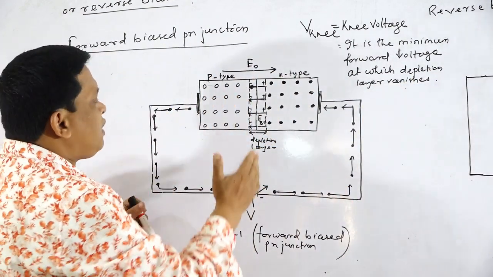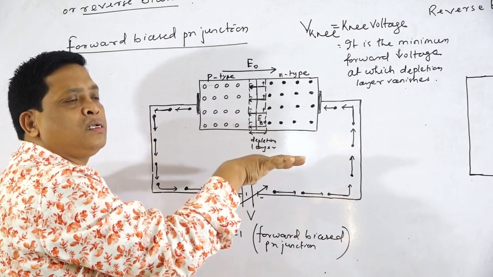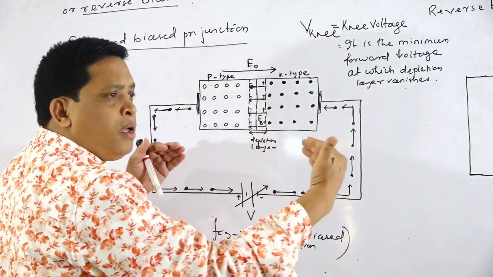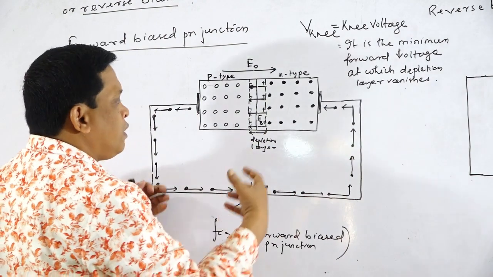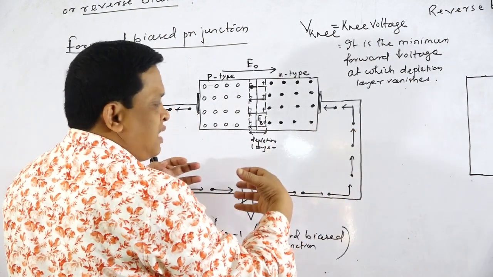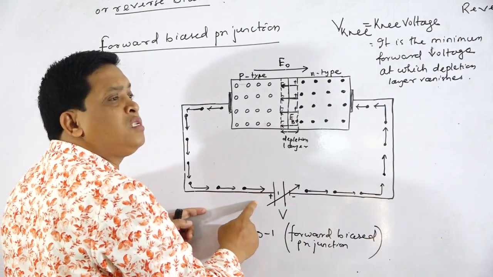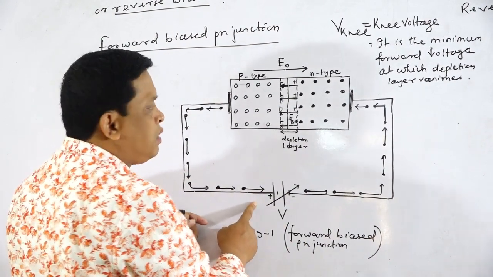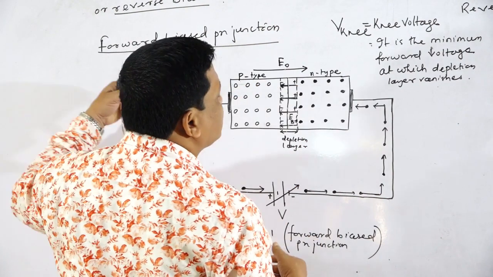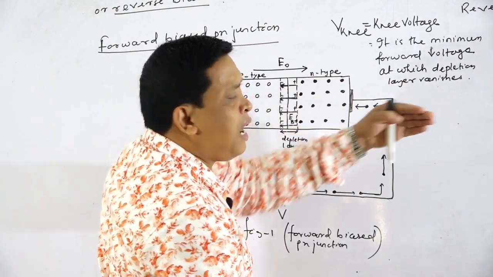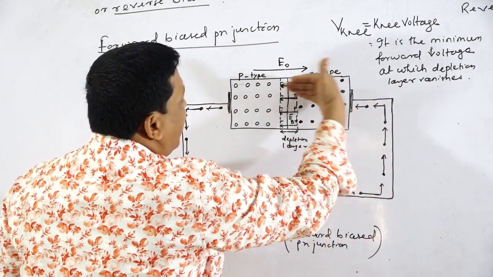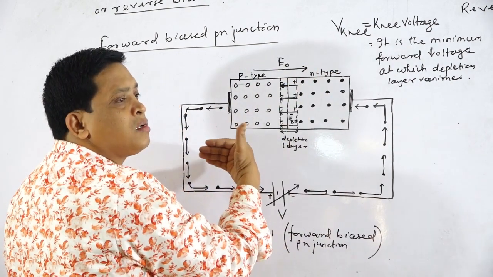So when the depletion layer vanishes, under the action of the pushing forces, that is the repulsive forces from negative terminal and positive terminal of the battery, the holes move towards N region and free electrons move towards P region.